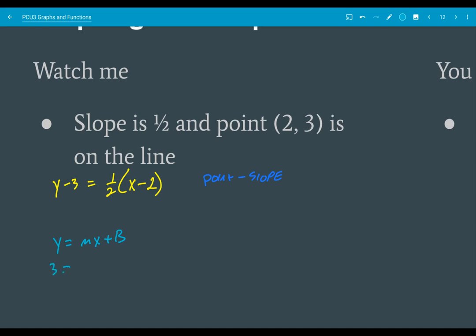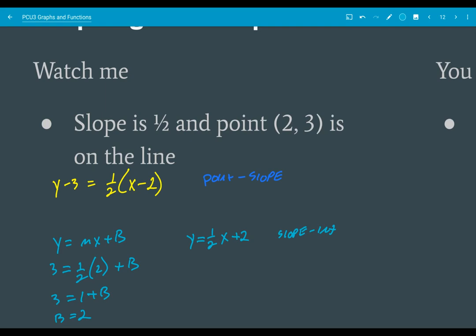You say 3 is equal to 1/2 times 2 plus b. So you get 3 equals 1 plus b. b equals 2. And then you write your equation: y equals 1/2 x plus 2. And that is slope-intercept form.